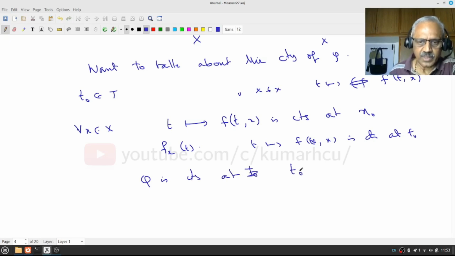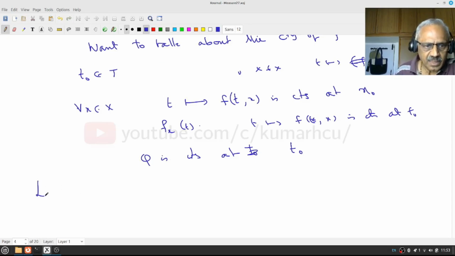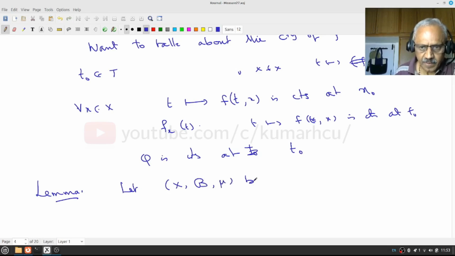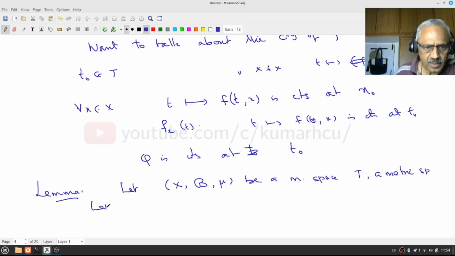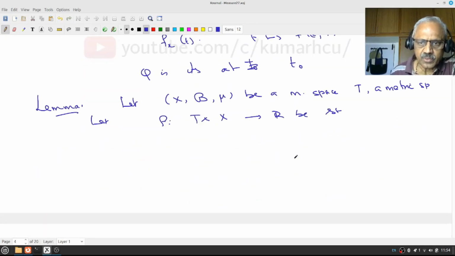Yeah. So let us formulate the result, call it a lemma. What does it say? Let X be a measure space, T a metric space. Let F from T cross X to R be a function. What are the things I am going to assume?